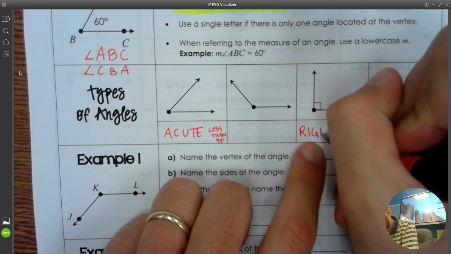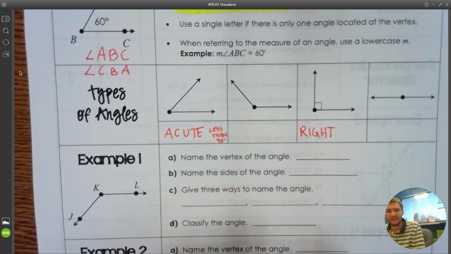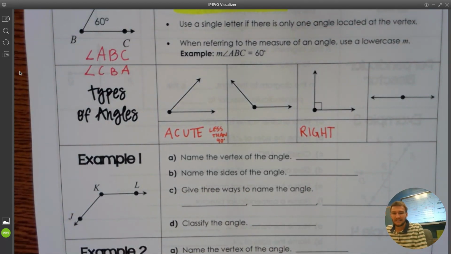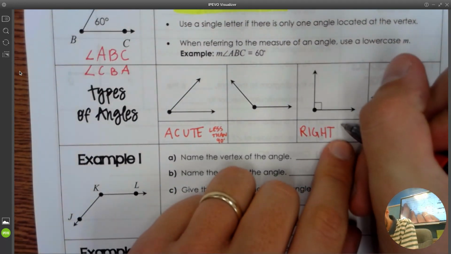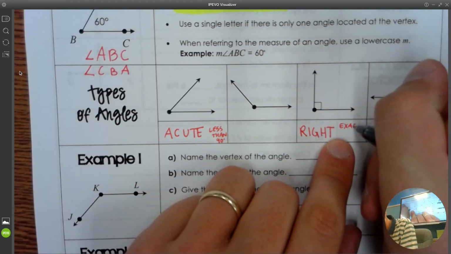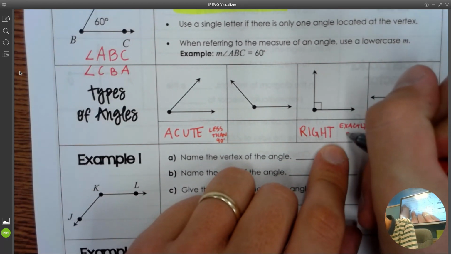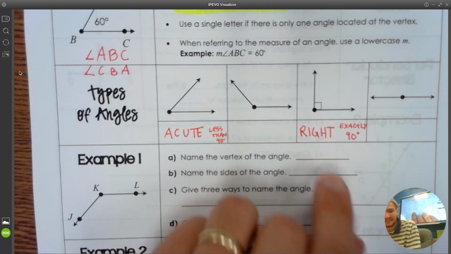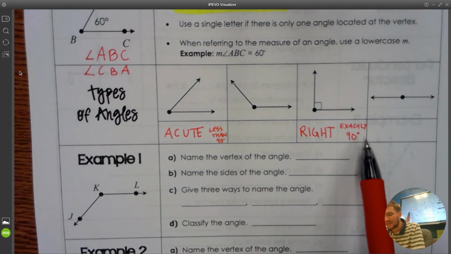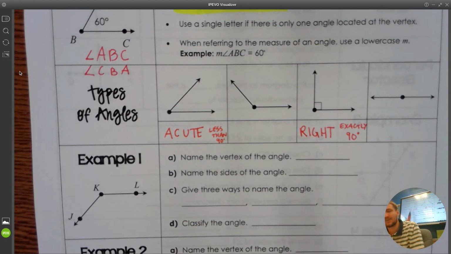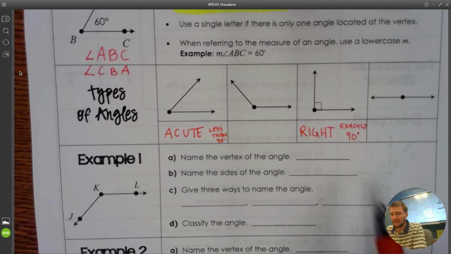So this right angle is going to be exactly 90 degrees. Worth pointing out, that little small circle is the degree mark. We've all seen degrees Fahrenheit, and that little tiny thing is just talking about degrees.